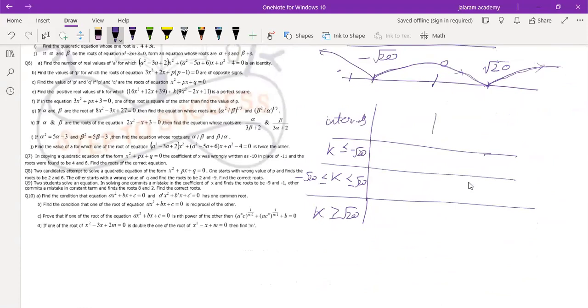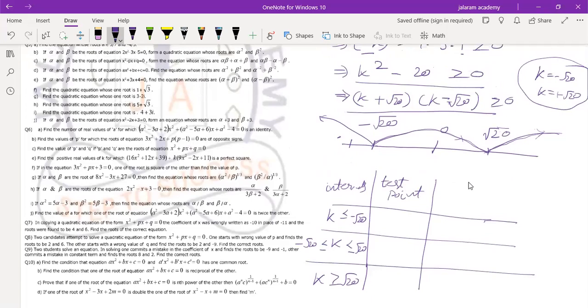So first is when k is less than or equal to minus root 20, take the test point. What is the test point which lies below minus root 20? As I have told you, minus 5, minus 6, minus 7, all will be less than minus root 20.